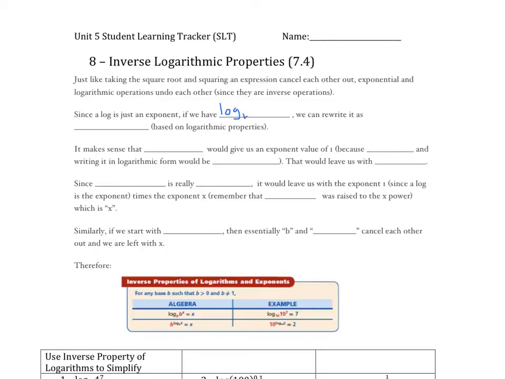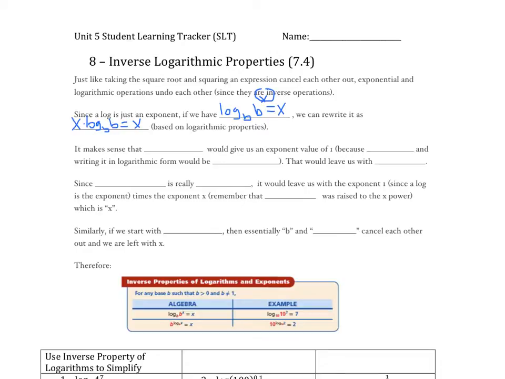if we have log base b of b to the x equals x, we can rewrite it as, remember, if I have this x right here, I can multiply by x because log base b of b is one exponent and we're raising it to an exponent. So it's x times log base b of b equals x.